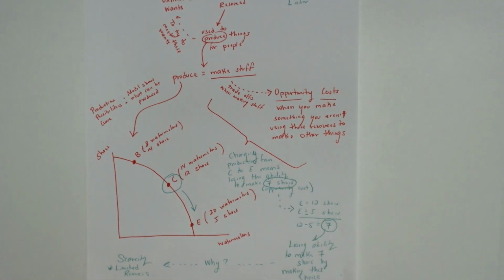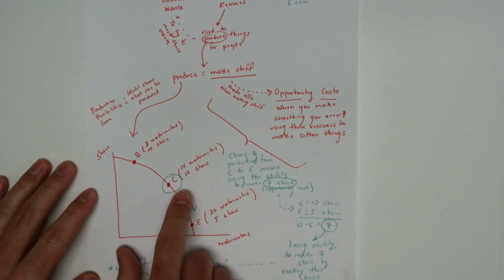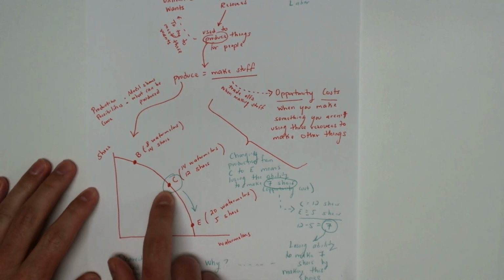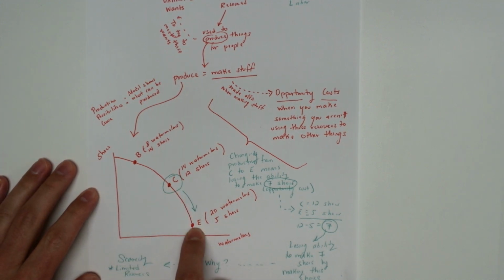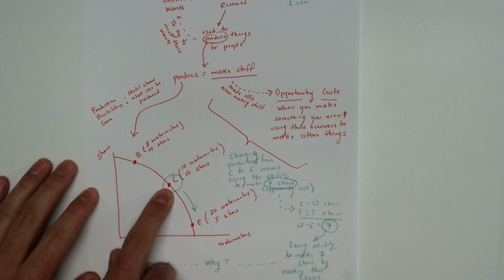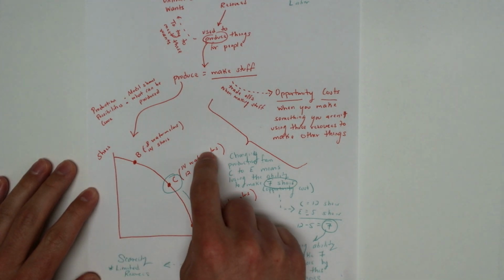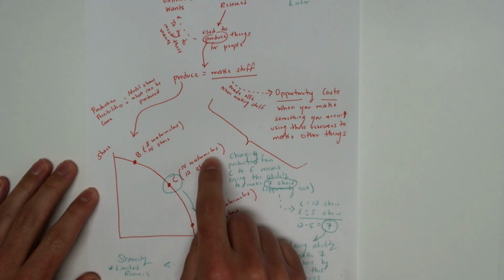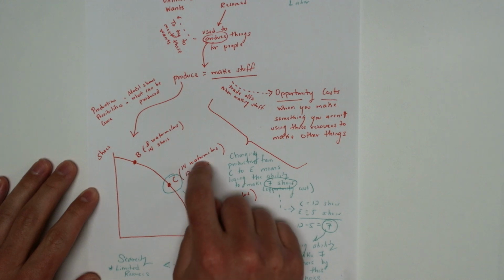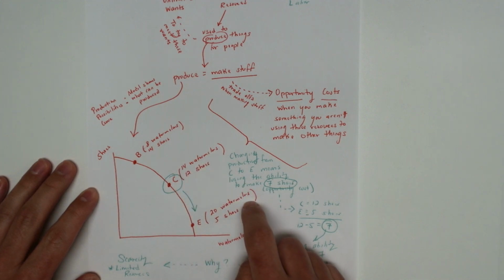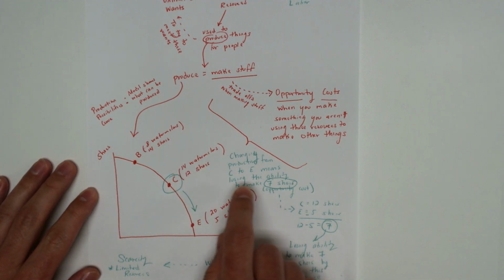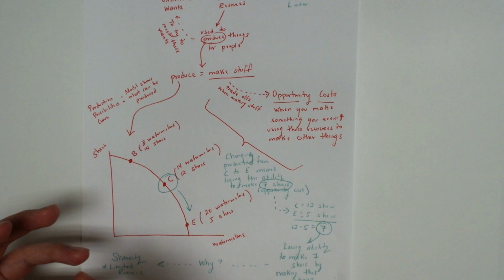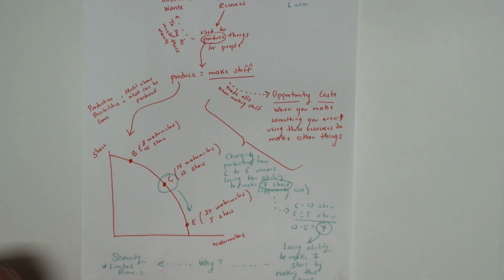Let's say I'm a business and I wanted to change production from this level of production to level E. Well, if I go from level C to level E, I am being able to produce more watermelons because I went from 14 to 20 watermelons. But by doing so, I don't have the resources necessary to keep on making the same amount of shoes.